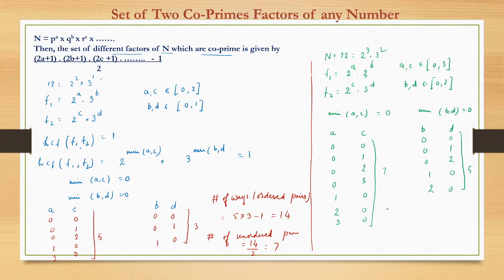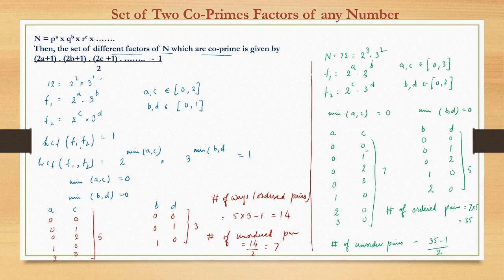So the number of ordered pairs would have been 7 into 5, 35. But if the number of unordered pairs of factors is the question, then it will be 35 minus 1 by 2.